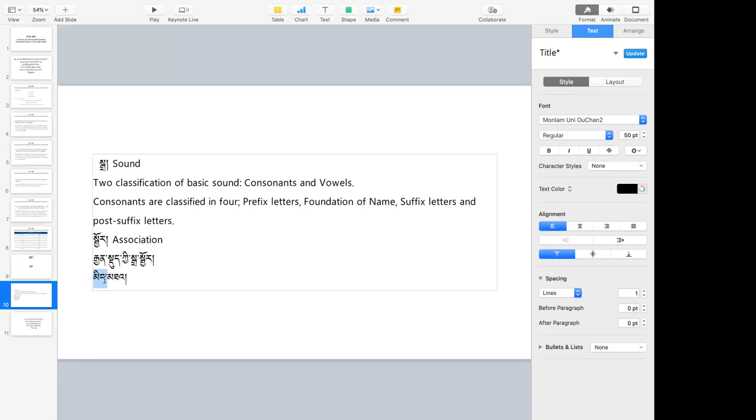And so here, this Ming can be understood in two ways. First, when Ming is understood as the name, Mingta is the one that comes at the end of a name. So if it's a combination, first comes the prefix, then the foundation of name, and then it's followed by the suffix and post-suffix letter. Both suffix and post-suffix letters are sounds which come at the end of a name.